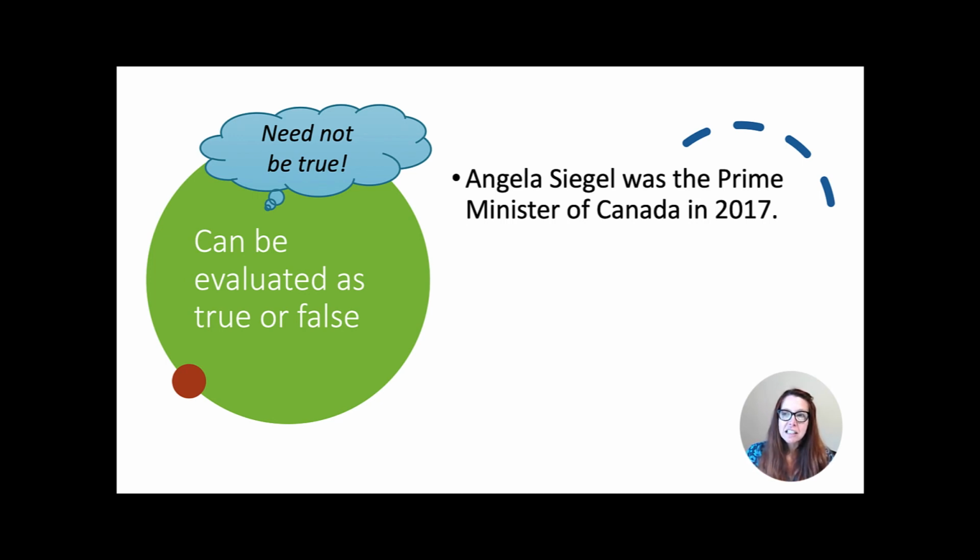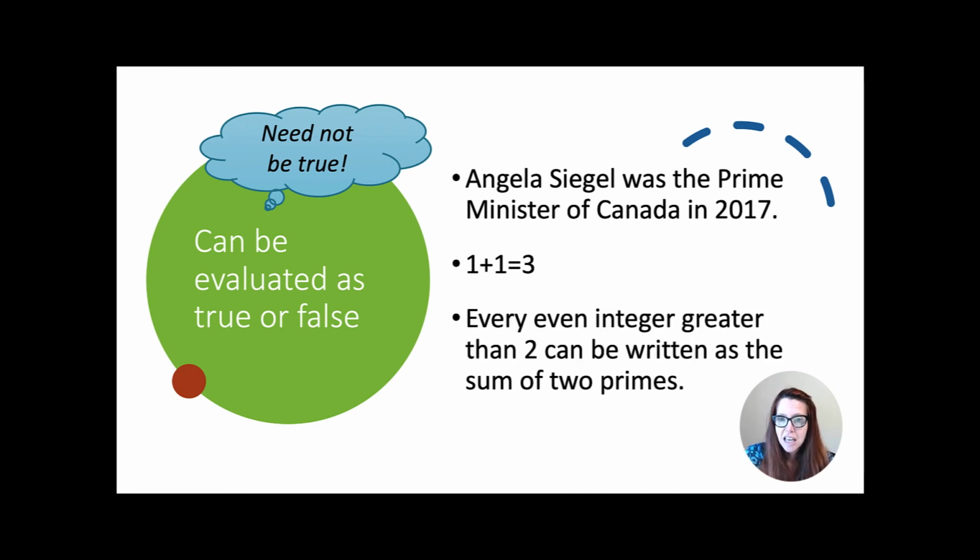These statements need not be true. They must be facts that can be evaluated and have a truth value that's either true or false, but they needn't be true. So 1 + 1 = 3 is another example of a proposition.